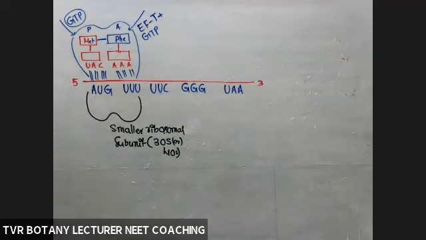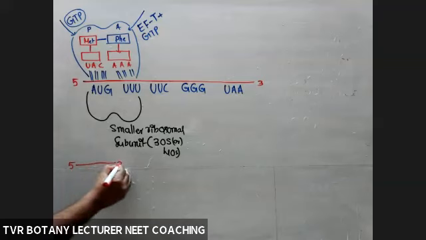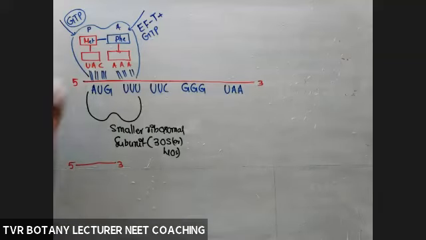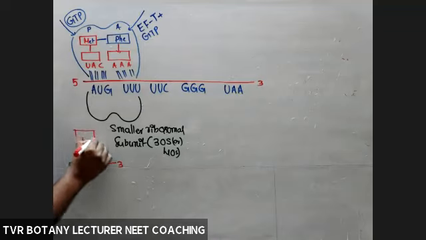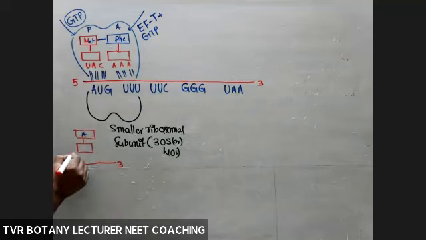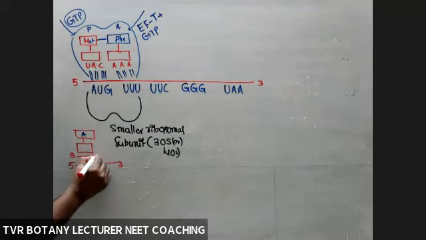And here, what about the alignment of tRNA with reference to the polarity of mRNA? So follow anti-parallel arrangement only, 5 to 3. So what about tRNA alignment? For example, this is a tRNA molecule with the concerned amino acid, whatever the type of amino acid. Here the alignment is 3 to 5.